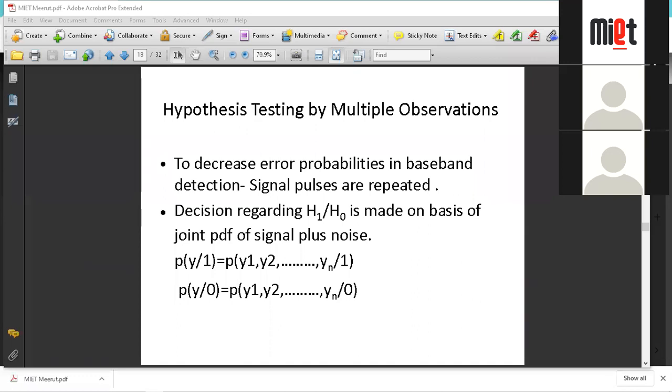So here we have another technique called multiple observations. For example, you are driving the car and something is not visible properly. Let's say there is a lot of fog. Because of fog, everything is not visible, so your mind is a little shaky. You drive the car a little slow.